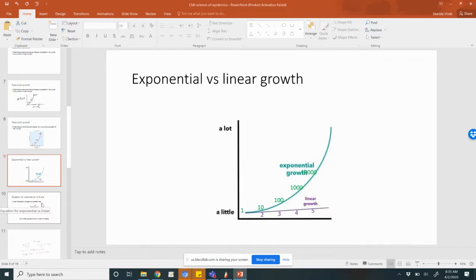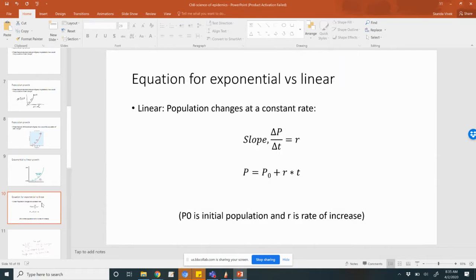So this is the equation for a linear curve. Here what you see is that if population is linear, then it would change at a constant rate. So the slope of the graph would be a constant. Right? Let's say the slope is r.